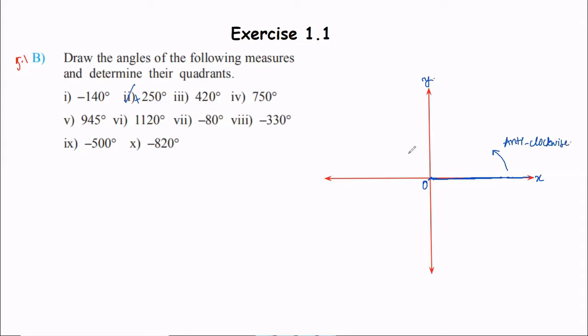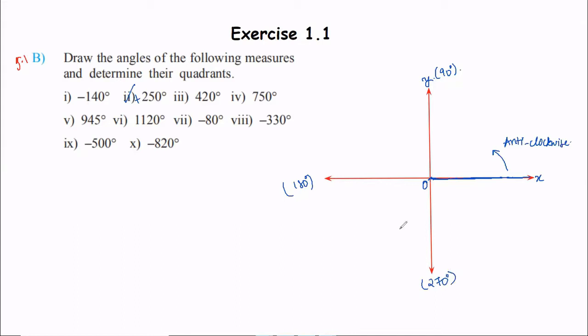Okay. So now considering anti-clockwise rotation, where will the 250 degrees terminal arm lie? When we go anti-clockwise, we get 90 degrees on the positive y-axis, 180 degrees on the negative x-axis, and 270 degrees on the negative y-axis.